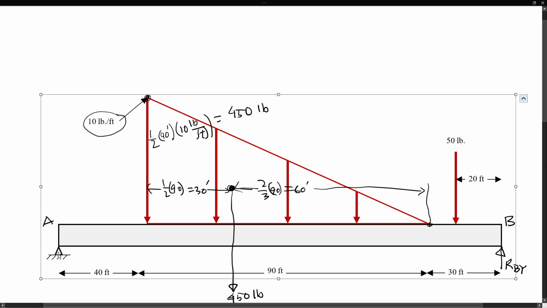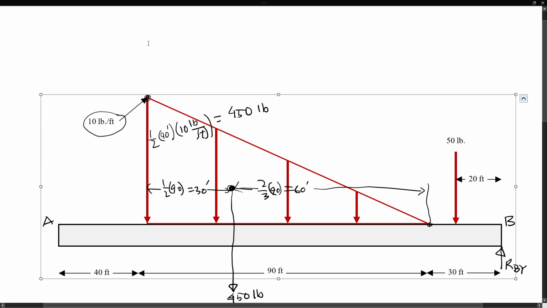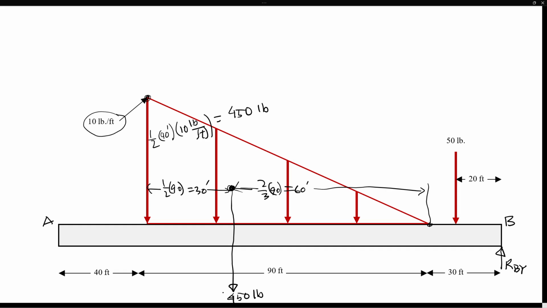I'm going to remove the support at point A too. That had a knife edge connection, so that will have both the X and Y components at this point. So we're going to have both the Y reaction RAY and also the X component of the reaction at point A.